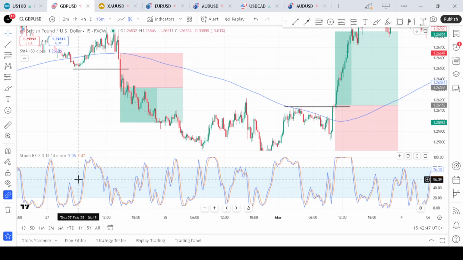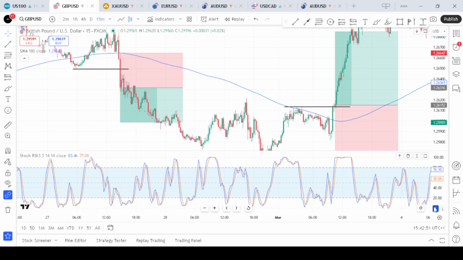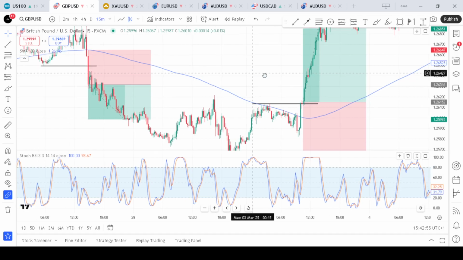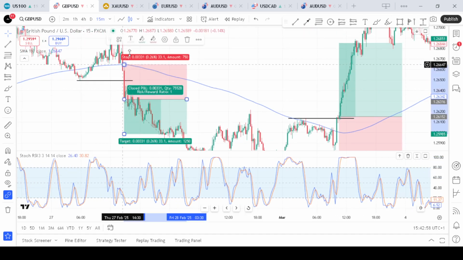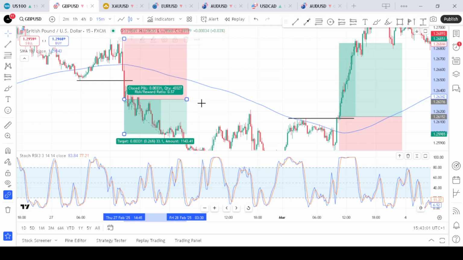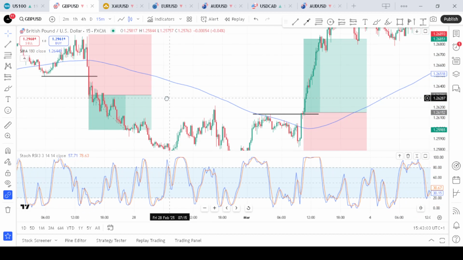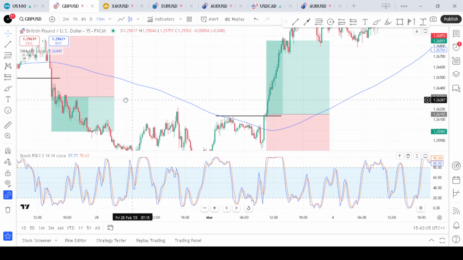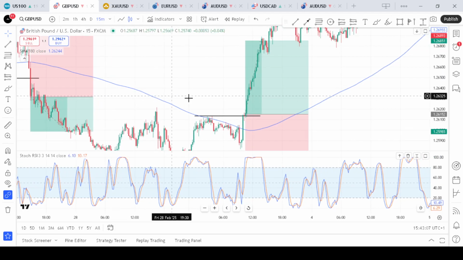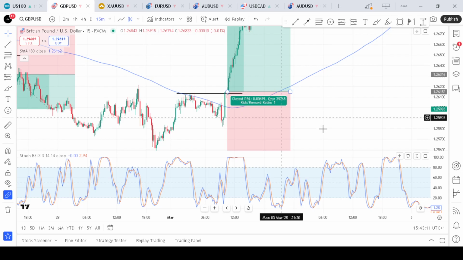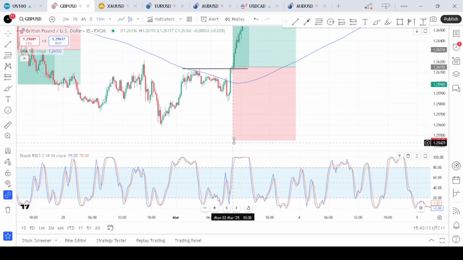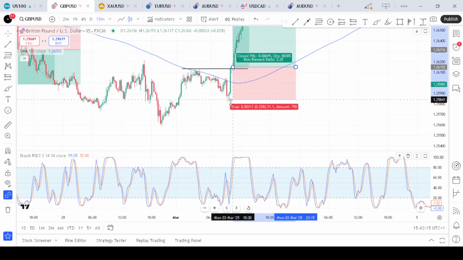Where do we set our stop loss and take profit? You place your stop loss above the nearest swing high for a short position. And for a long position, you set it below the nearest swing low.